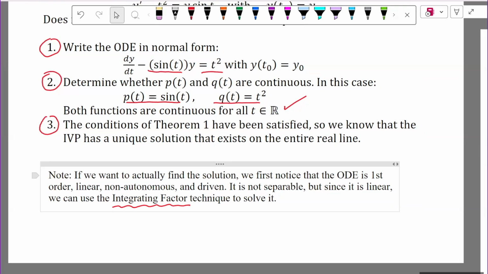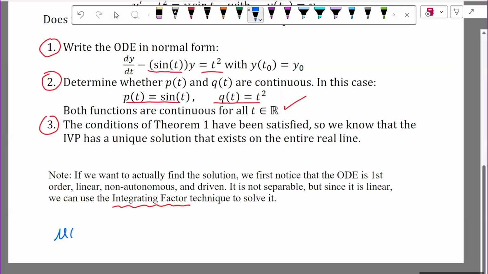When you come up with your solution, you should ask yourself, does it look like your solution actually does exist and give you a unique value for every value of time on the real line? It should, because our existence uniqueness theorem tells us that it will. If you want to check yourself, if I were to do this, my integrating factor would be e to the cosine t.